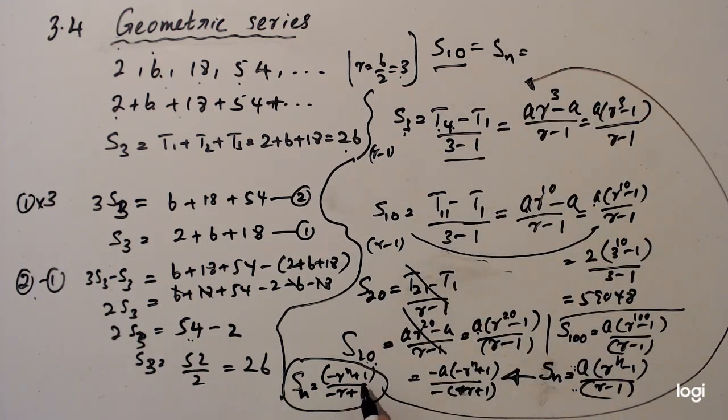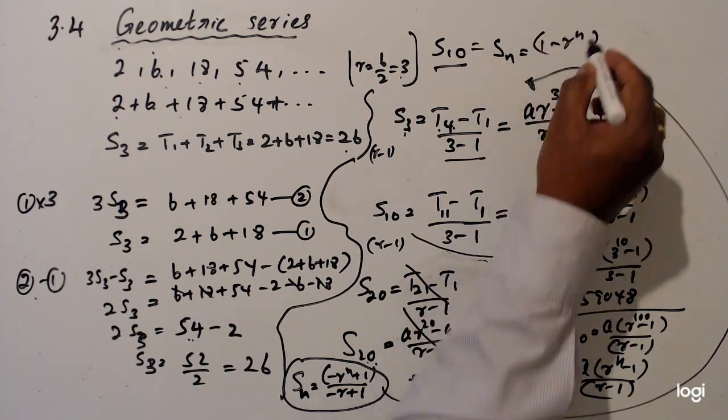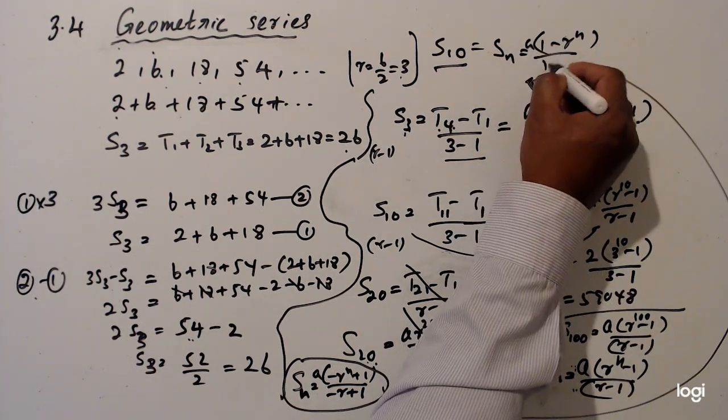Sn equal, this is positive, so (1 minus R^n), A is missing here, and A times (1 minus R).